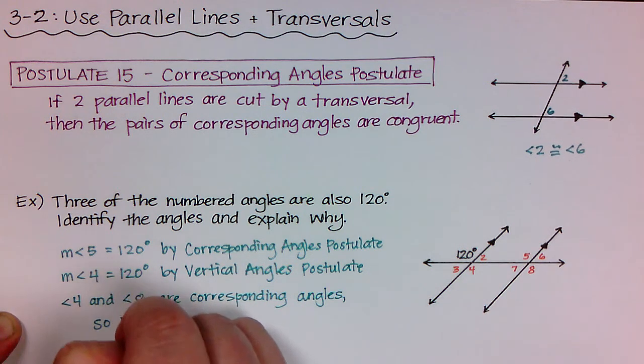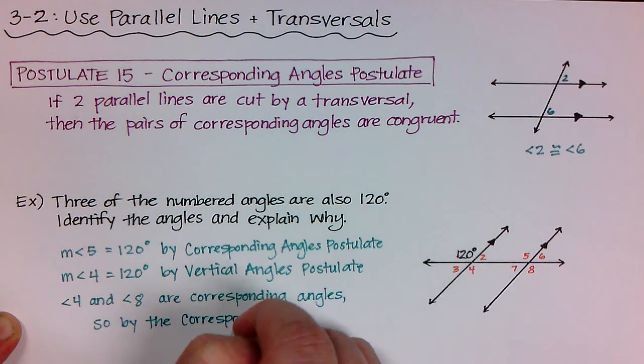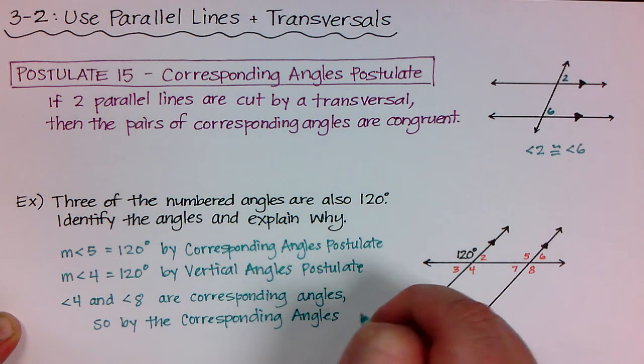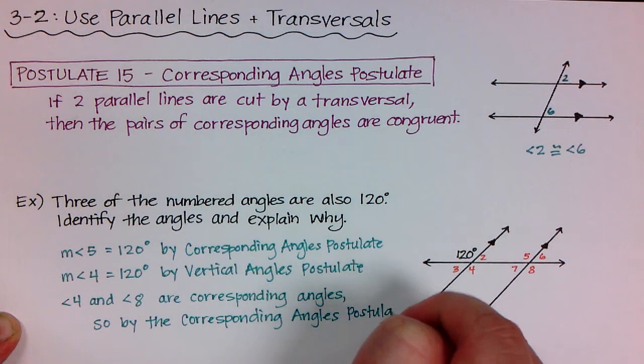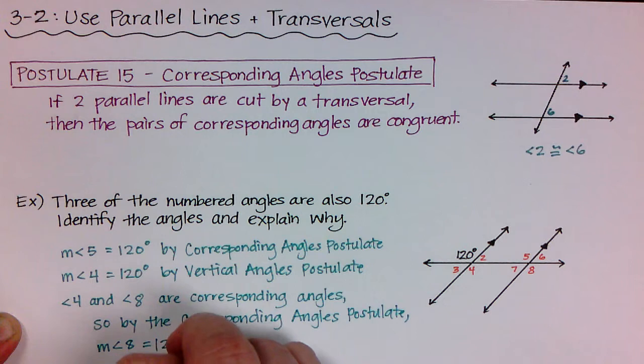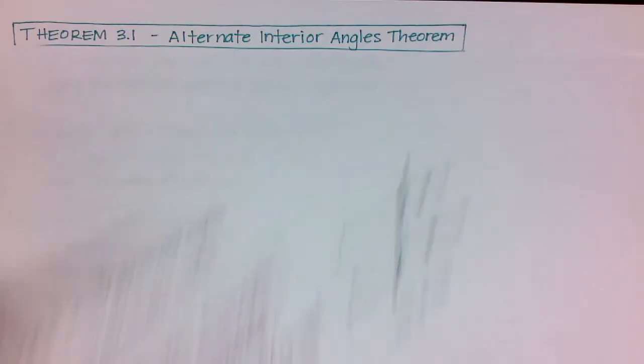So, by the corresponding angles postulate, the measure of angle 8 should also equal 120 degrees. This is something that you can definitely do on your own, is to just take it one step at a time and try to isolate a specific angle and give a good reason why you think that that angle is a particular measure. Okay, so let's move on.